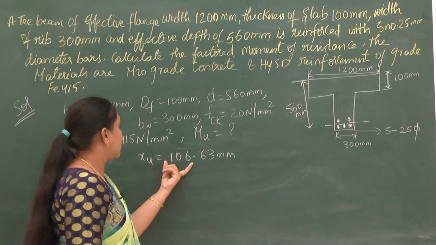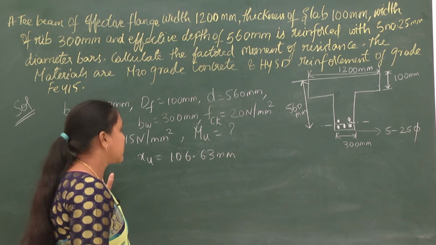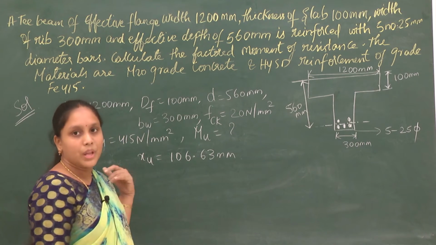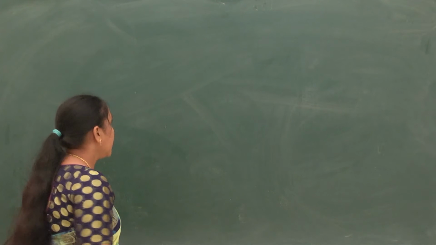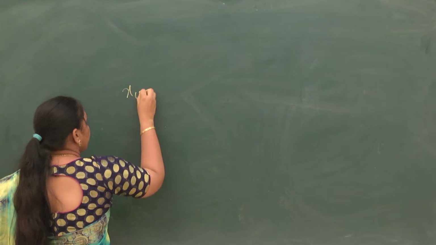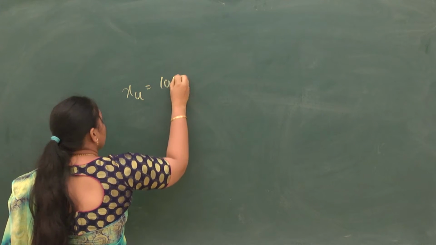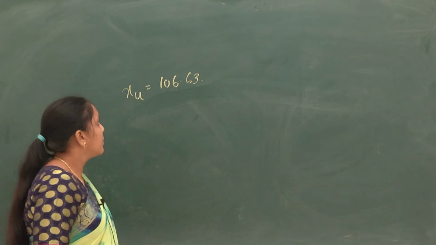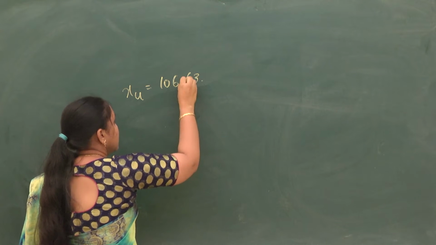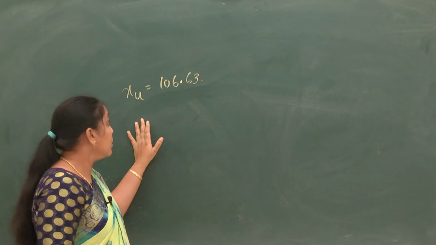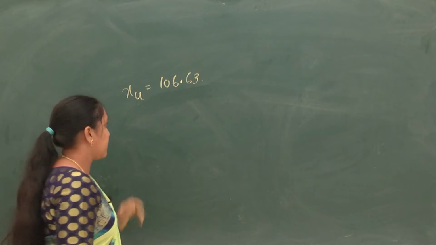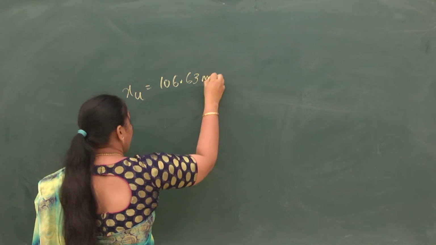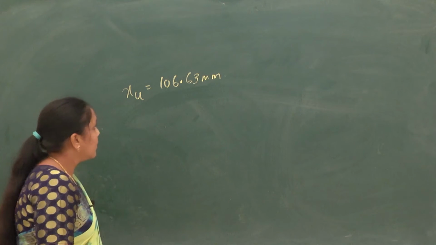So we have got the value of XU as 106.63 mm. This is the new neutral axis depth.